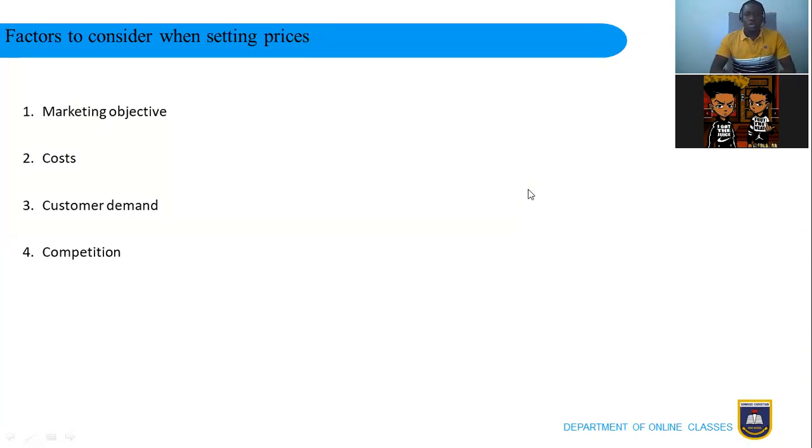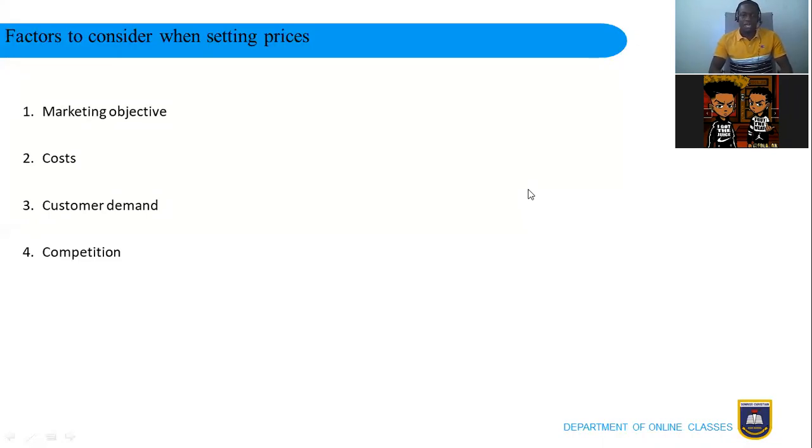So as he said, when we say a product is inelastic, it means that irrespective of how the price changes, whether it has been increased or decreased, definitely the demand remains the same. The demand will surely remain the same.